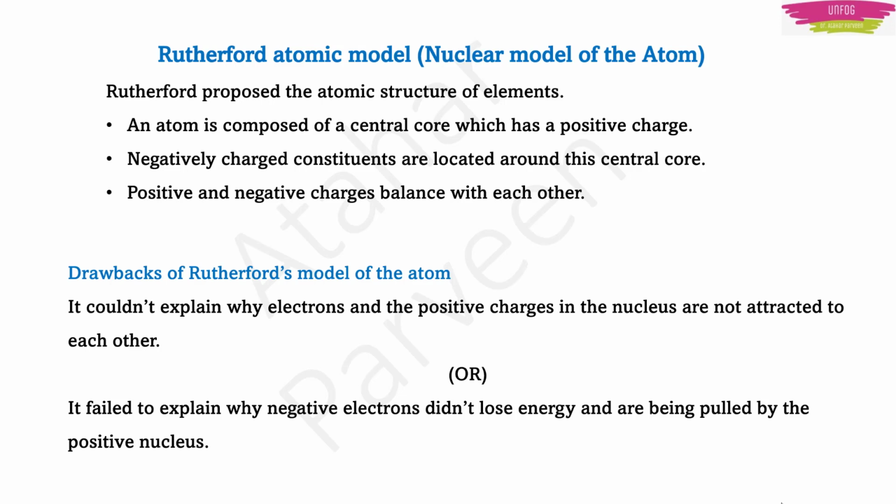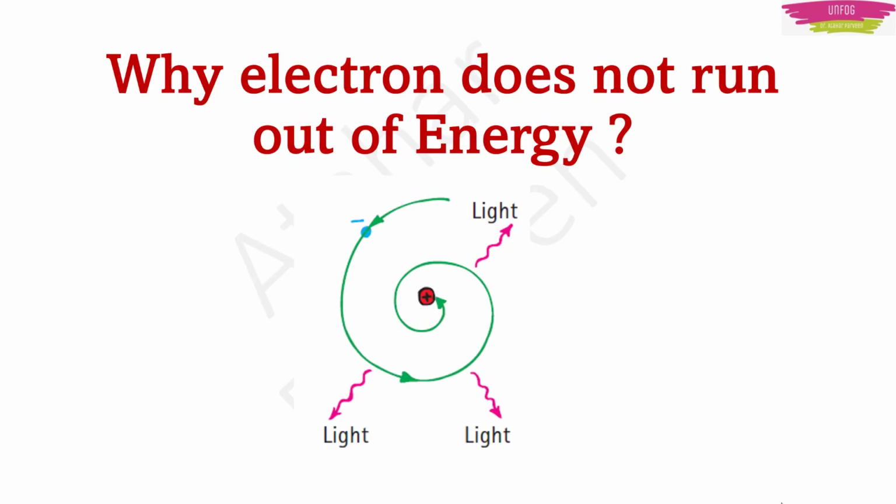So this became the drawback of Rutherford's model of the atom, because it failed to explain why negative electrons did not lose energy and why they are not being pulled by the positive nucleus. Because if the electrons are moving like this around the nucleus, then at one point of time they should get exhausted of their energy and collapse right into the nucleus, but that is not happening. So this was the drawback of Rutherford's atomic model.